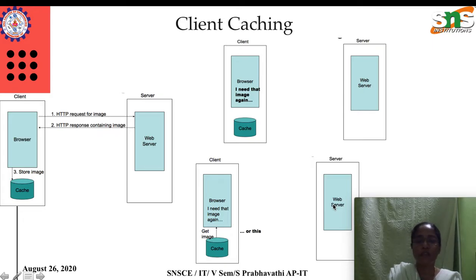So in this situation the header field tags are used: ETag, Last-Modified, Expires. Using those, the client will send a request for the header part of that page alone, and the web server, instead of responding with the entire body of that page, will respond with only the header part.